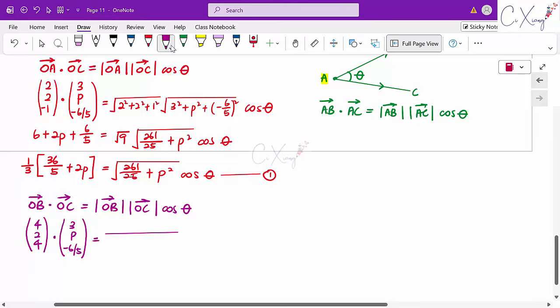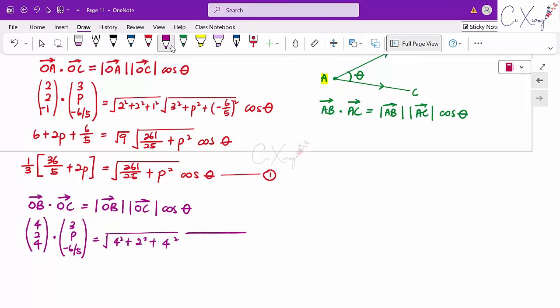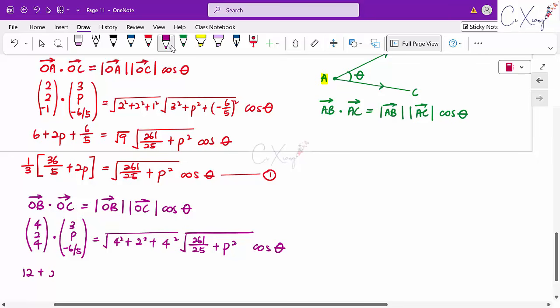Modulus of OB will be giving me the value of square root of 4 square plus 2 square plus 4 square. OC is actually the same like what we have here. So I just directly write out square root of 261 over 25 plus p square cos theta. Okay, so 4 times 3 is 12 plus 2p minus 24 over 5. Modulus of OB will give you a value of 6.